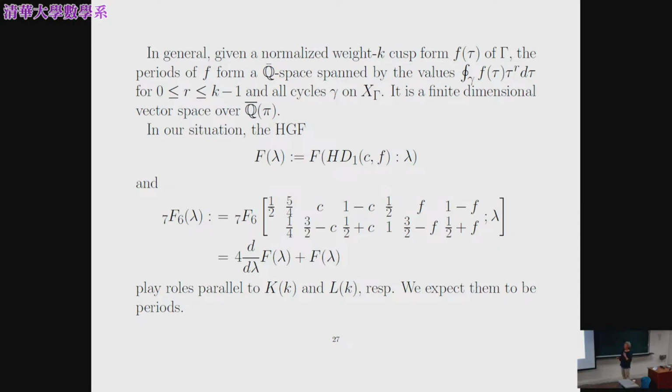The second period is related to the first one by a first order differential equation. Because of this, we expect that F lambda and 7F6 lambda should also be periods.